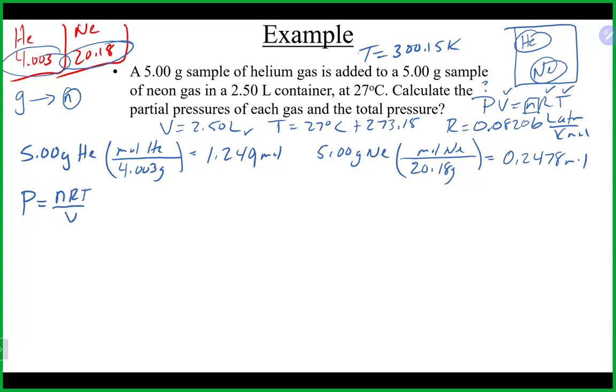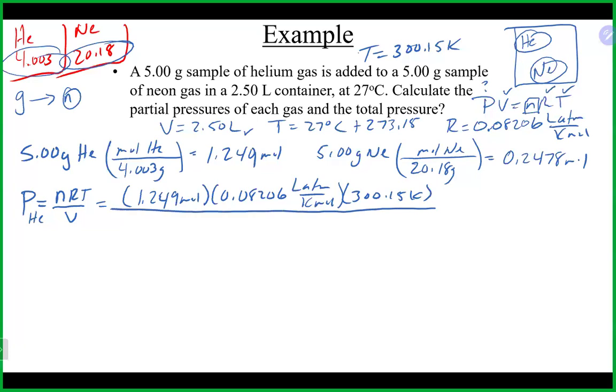We'll do this for helium first. We'll put in our moles of helium, 1.249, our 0.08206, our 300.15, all divided by our volume, which is 2.50 liters. The moles will cancel, the Kelvin will cancel, the liters will cancel, and it's going to leave us just atmospheres.